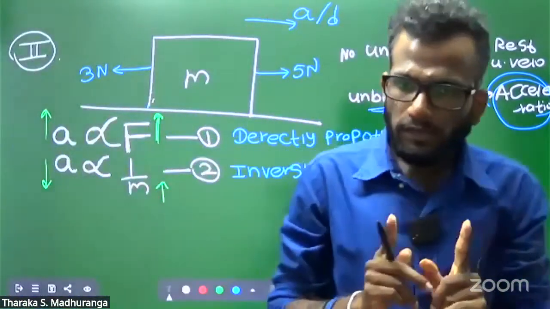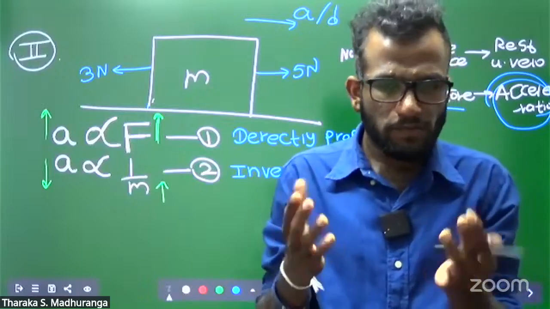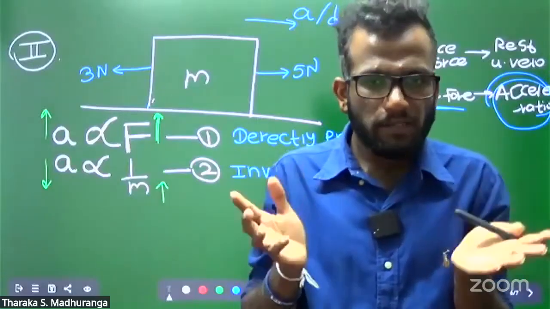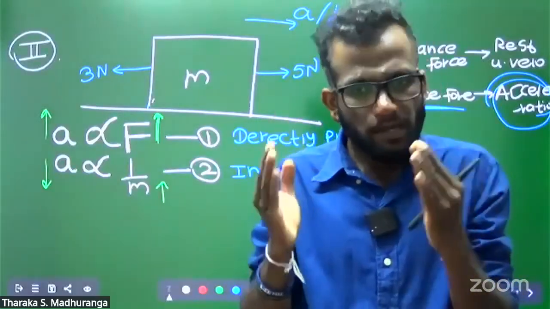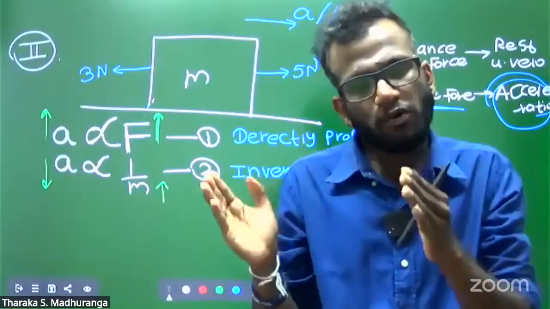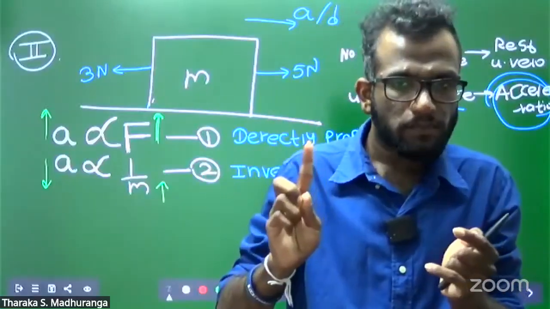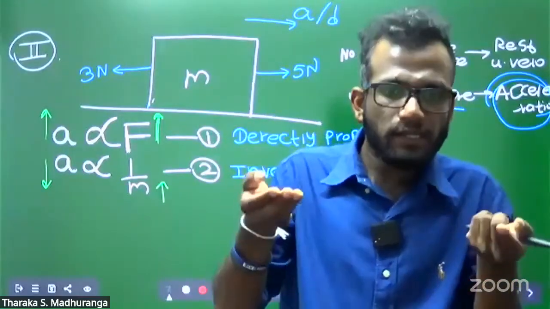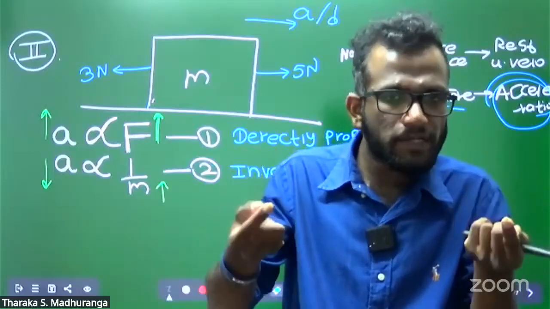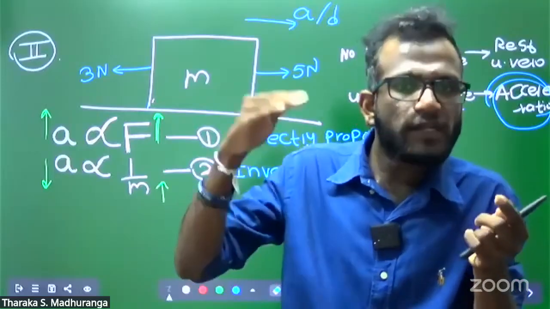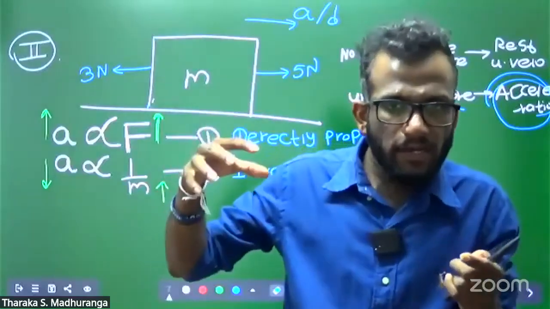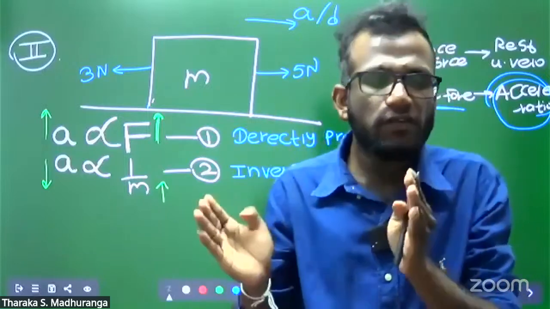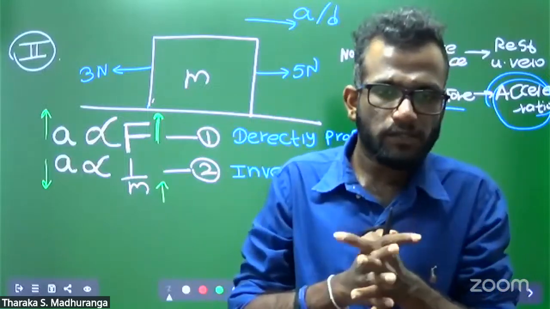Newton's first law: if there is no unbalanced force, rest objects stay at rest and moving objects keep moving with uniform velocity. In the second law, if any unbalanced force acts on an object, the object accelerates. This acceleration is directly proportional to the unbalanced force and inversely proportional to the mass of the object.